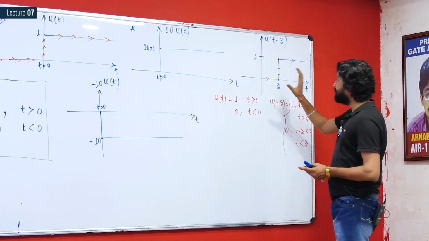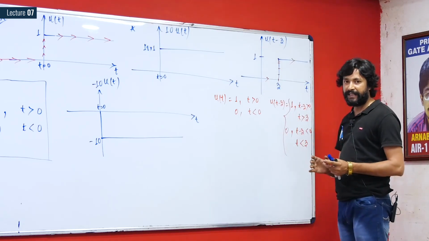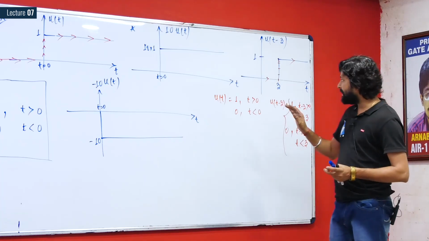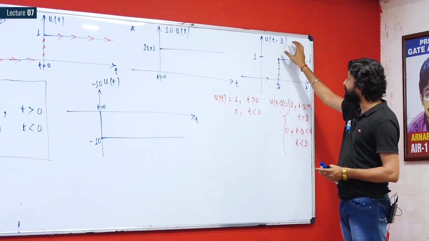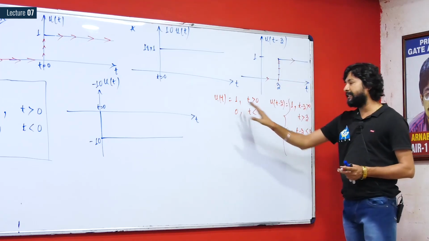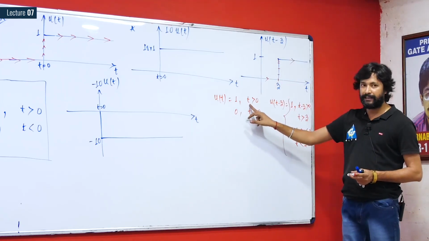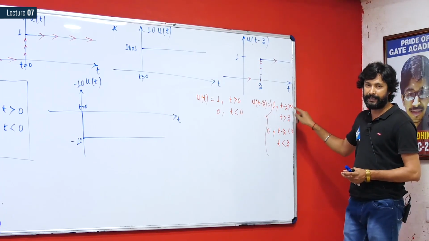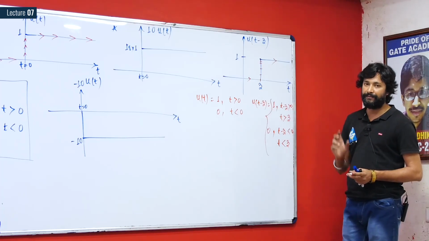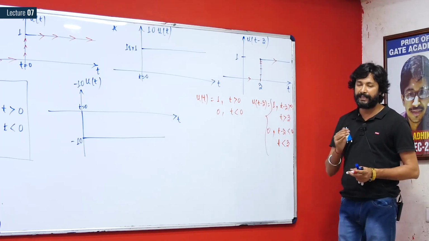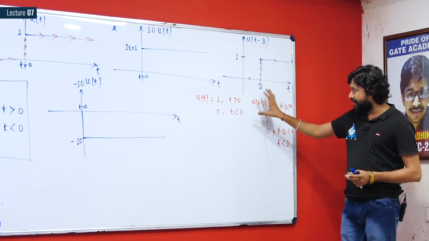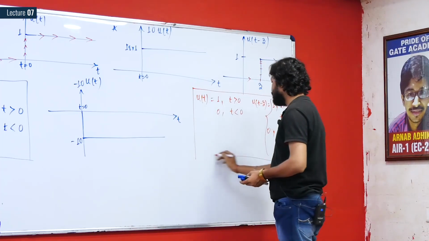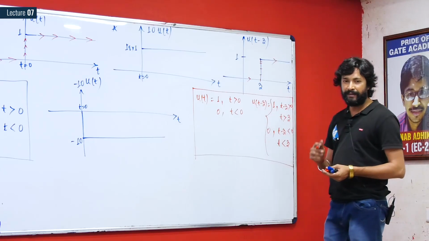Now we have seen that if you have to plot any function related to u of t, either u of t plus 3 or u of t minus 3, that is a delayed or advanced version, then either we can just shift the signal u of t, or we can use the basic definition that if u of t is 1 for t greater than 0, then u of t minus 3 will be 1 for t minus 3 greater than 0, and we can find the point of discontinuity where this signal changes its value from 0 to 1. So we can use this method also. It will help you solve more problems with ease.